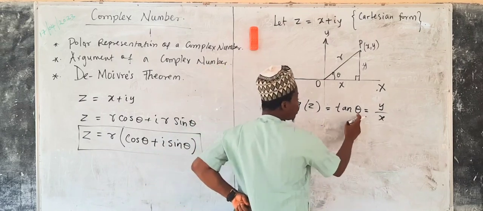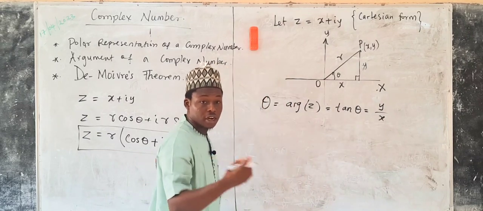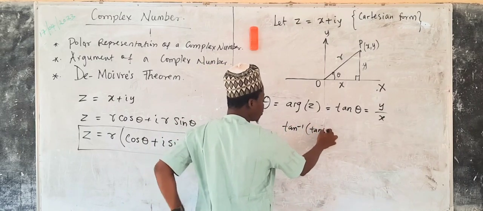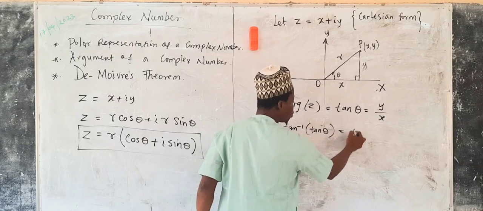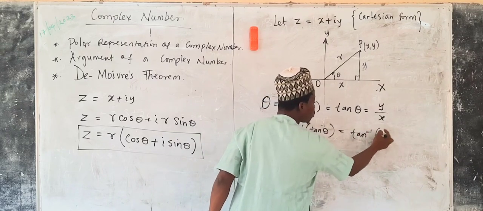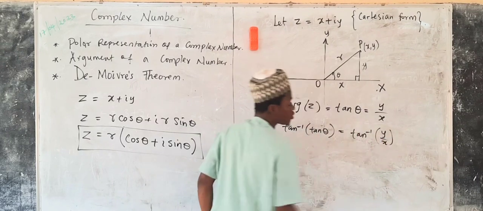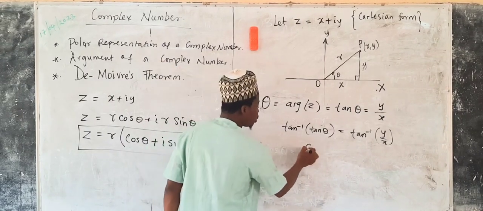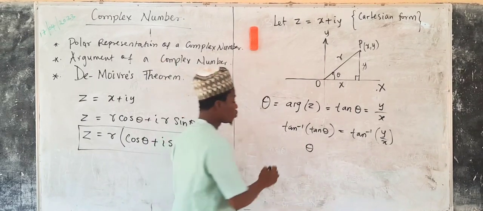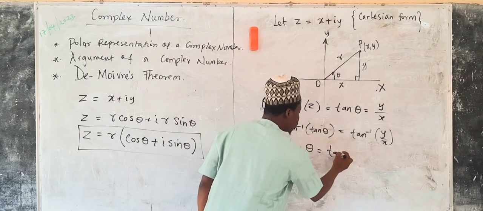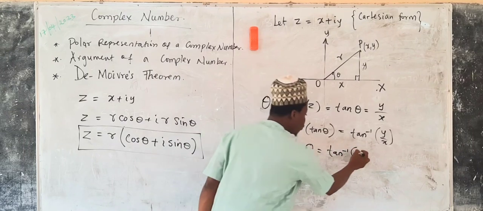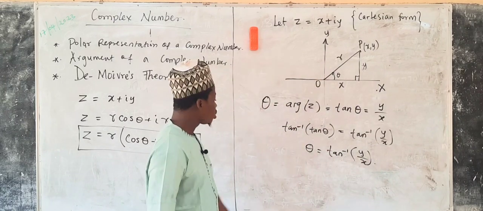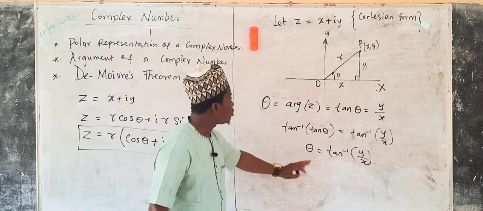So to find theta, we take the tan inverse of both sides. So tan inverse of tan theta is equal to tan inverse of y over x. So when we do that, we're left with theta, which is equal to tan inverse of y over x. So this will give us the argument of a complex number.